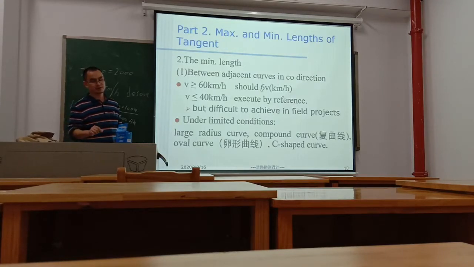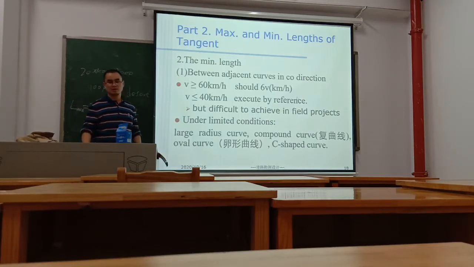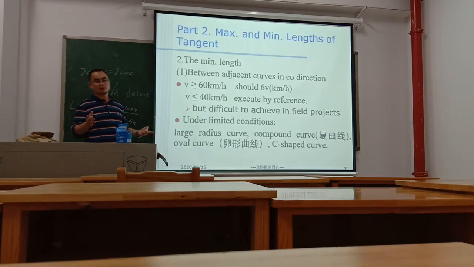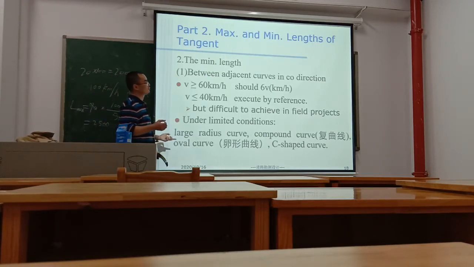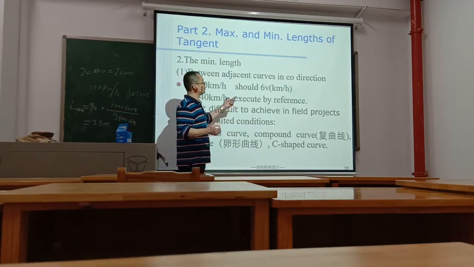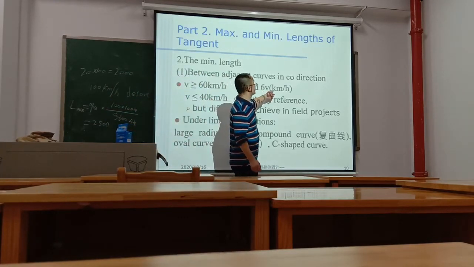The minimum length of the tangent between adjacent curves in the same direction is 6 times the velocity. The unit is kilometers per hour.